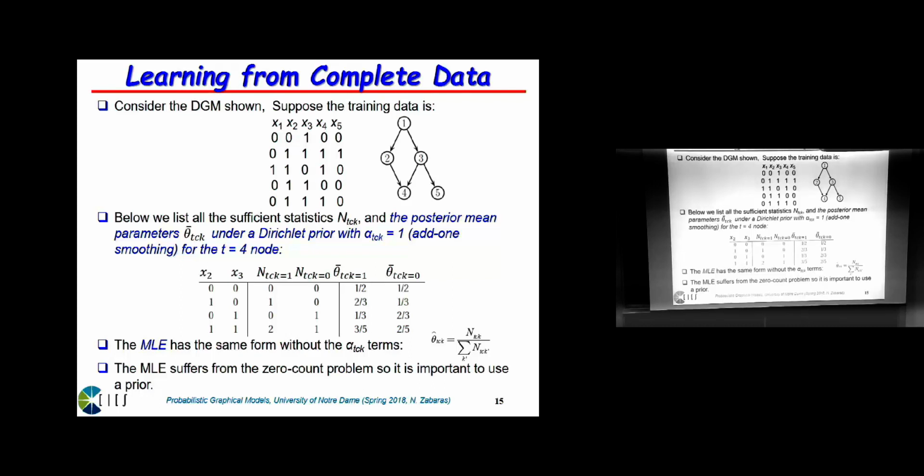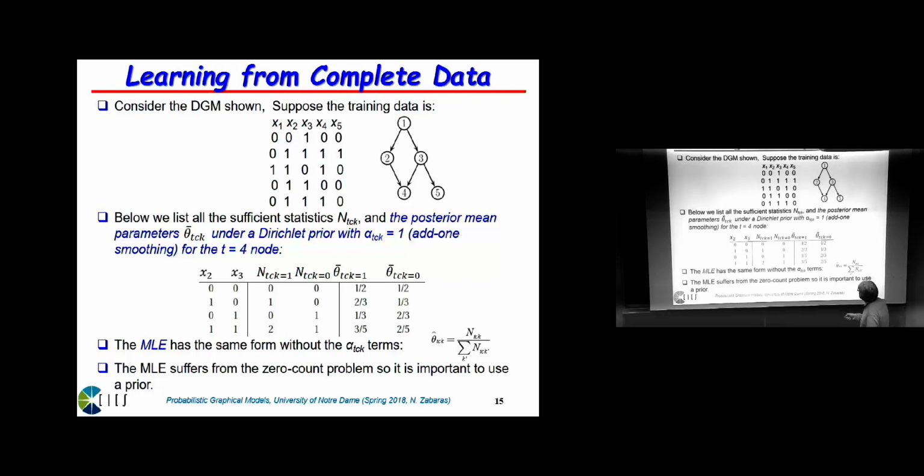And here I am going to put the number of counts in my data set where node T, the fourth node, is in state 1 or in state 0, given that the parents are in state C, which is defined on the rows on the left-hand side. You see that? Okay?